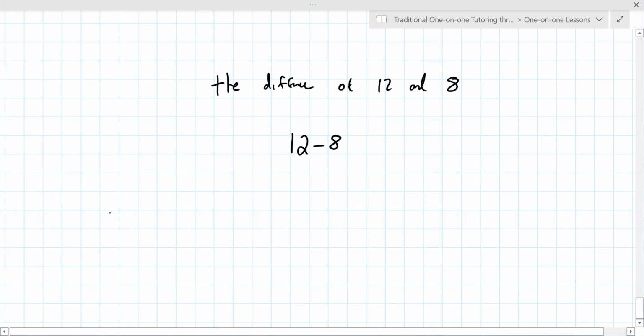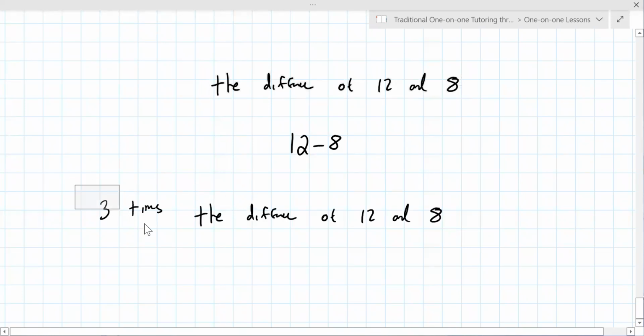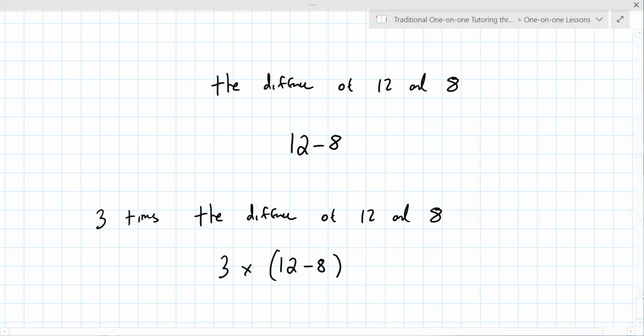Good. Now let's say it was 3 times, and then I throw in the difference of 12 and 8. Do you see that you have to first do 12 minus 8 and then multiply it by 3? Yes. Okay.